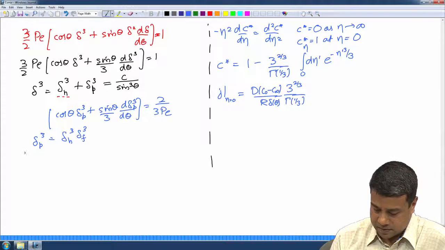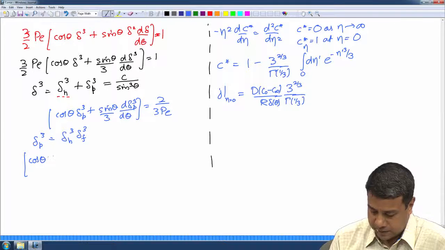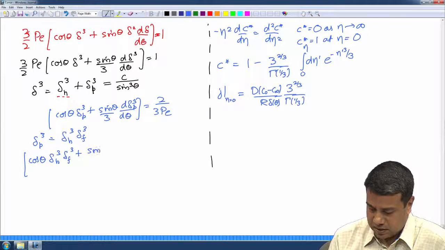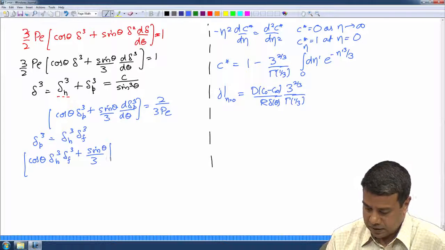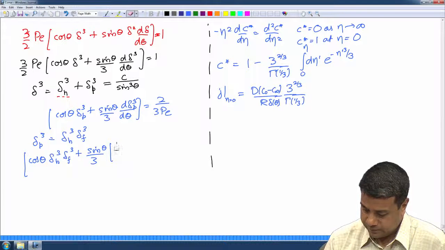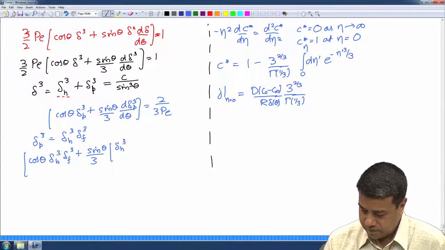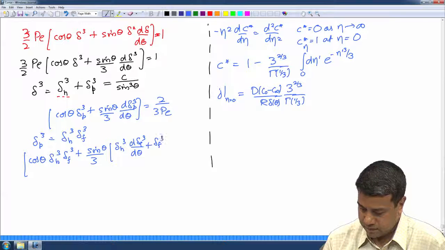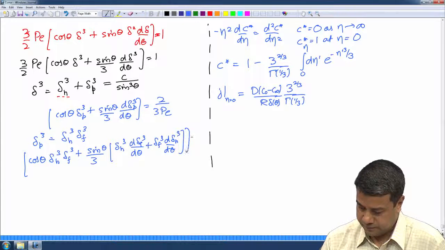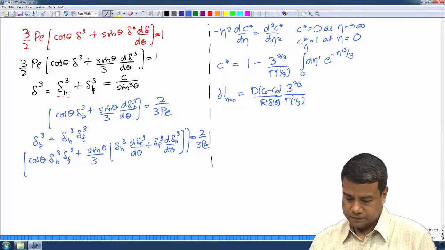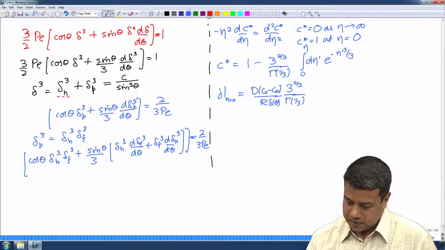The equation in terms of this will become cos theta delta h cubed delta f cubed, plus sin theta by 3, into d, and these two terms cancel.